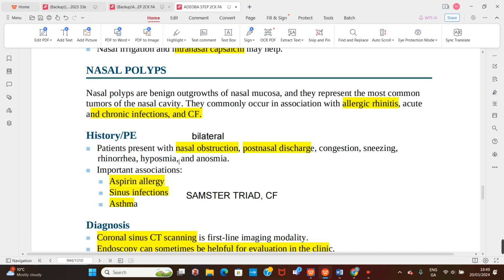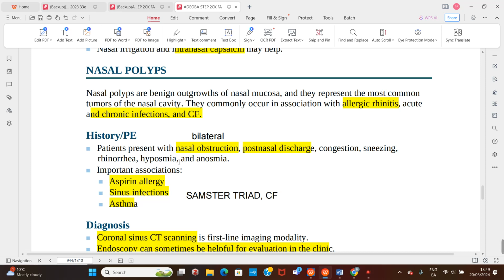And also Samter's triad. It can be allergic rhinitis because of the recurrent inflammation. It can be chronic rhinitis, which is associated with cystic fibrosis too, because cystic fibrosis can cause chronic rhinitis, and Samter's triad. Those are the things that typically cause nasal polyps.